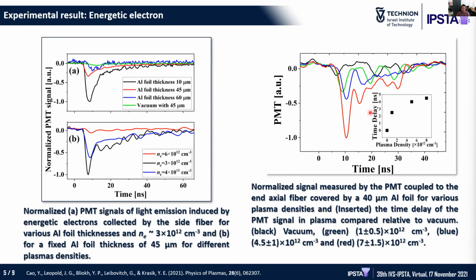Also, different preliminary plasma densities show different time delays of the observed energetic electron signal compared with the microwave entering the flashboard plasma tube. This could relate to the microwave behavior in near critical density plasmas.